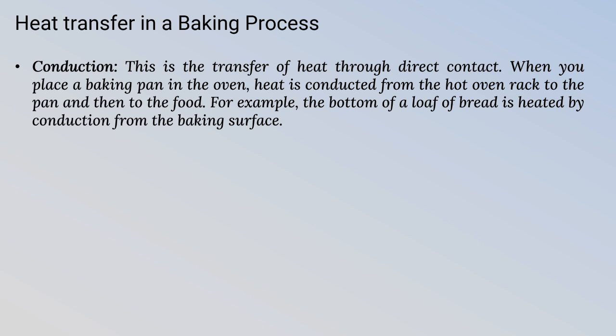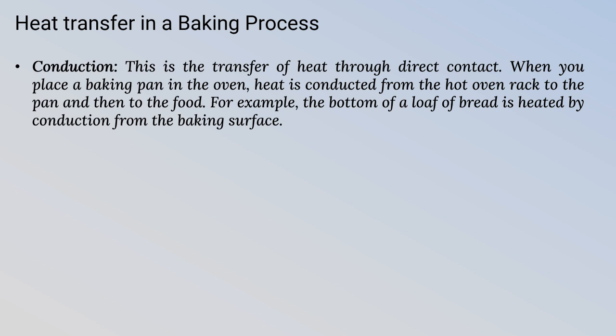When you place a baking pan in the oven, heat is conducted from the hot oven rack to the pan and then from there to the food. For example, the bottom of a loaf of bread is heated by conduction from the baking surface.